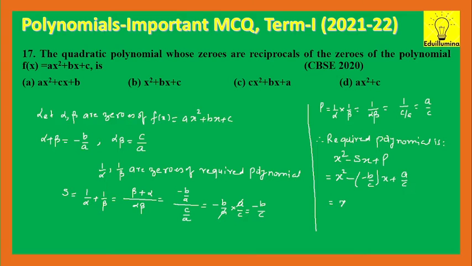So from here, x square plus b upon c x plus a upon c. So multiplying this equation with c, the answer is c x square plus b x plus a. So the right option is option C.